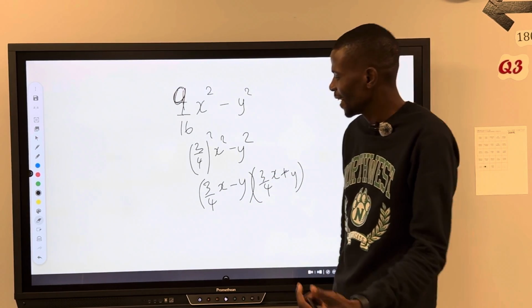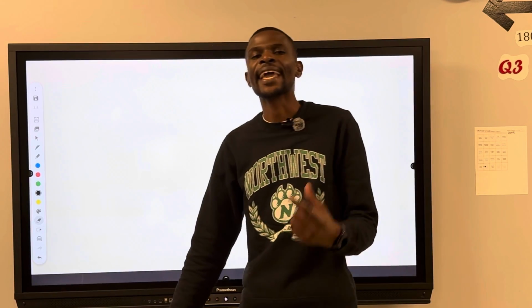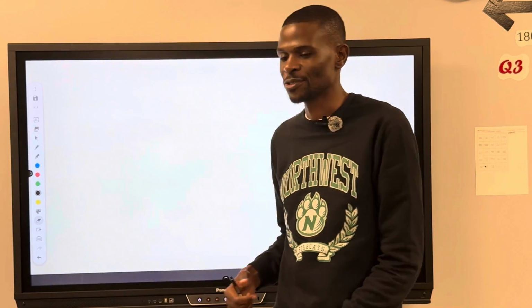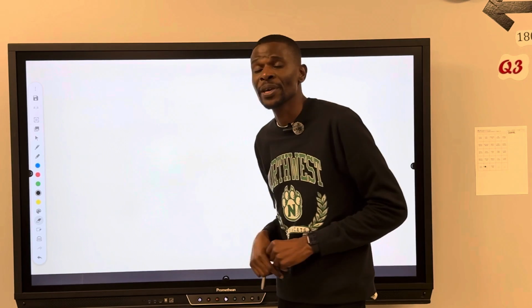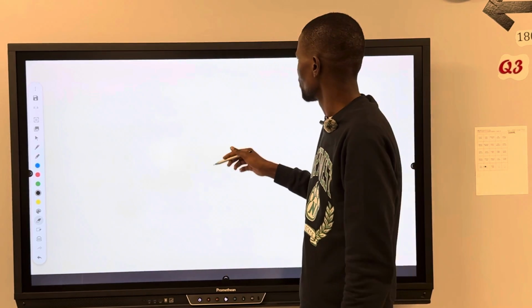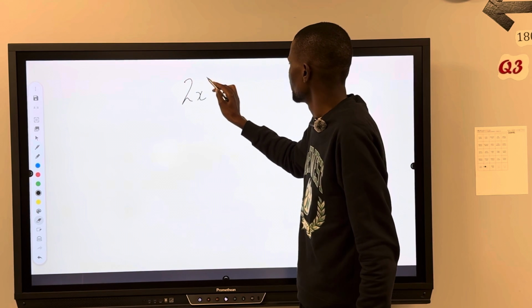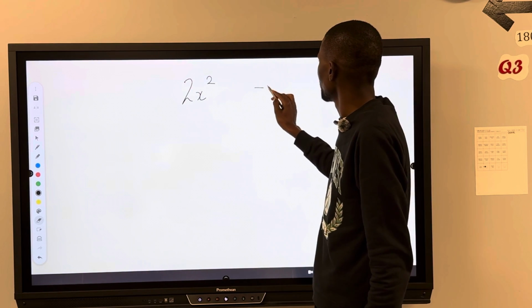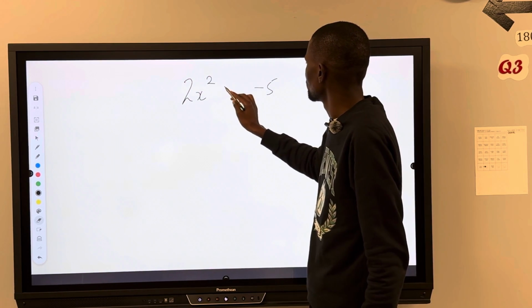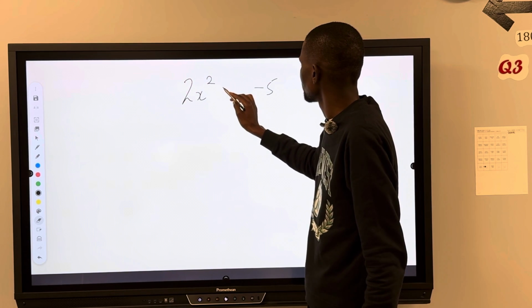Then the last case to consider is when a is more than 1. So we are going to use the AC method of factor by grouping.